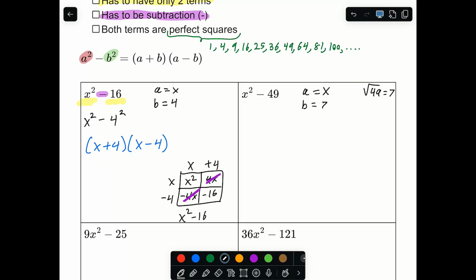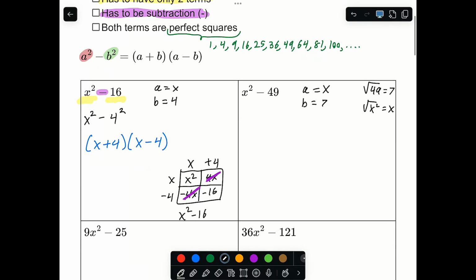Same thing with x, the square root of x squared is just x. Or you could think about what number times itself equals 49. And once I have x and my 7, I'm just going to follow that: x plus 7 and x minus 7. And that's your final answer.